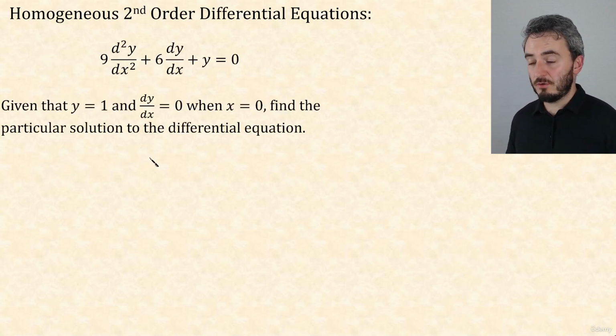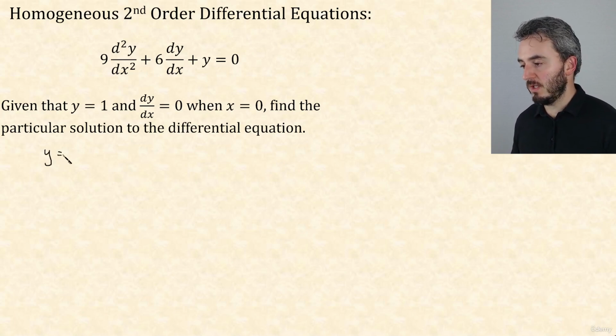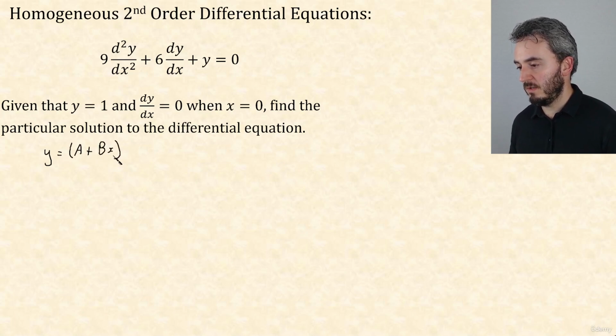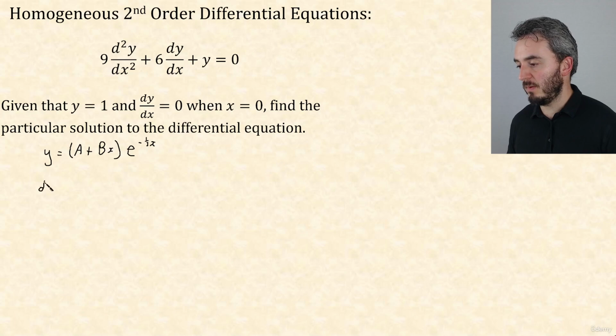Now let's add some boundary conditions. We're now given that y equals 1 and dy by dx is 0 when x equals 0. So let's find the particular solution. We know that the general solution is y equals a plus bx times e to the minus a third x. We've been given information about y and dy by dx, so let's find dy by dx.